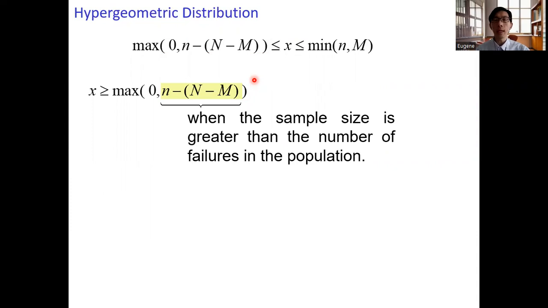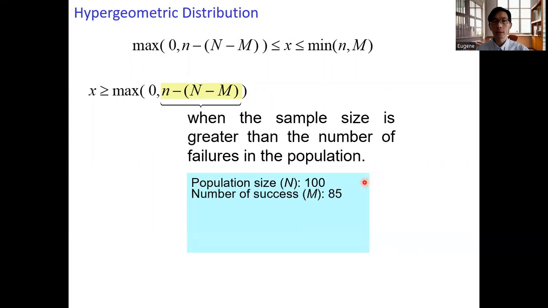So in this case, the number of successes in the sample will be greater than 0. Let's take a look at a numerical demonstration. Suppose the population size is 100, and the number of successes in the population is 85.